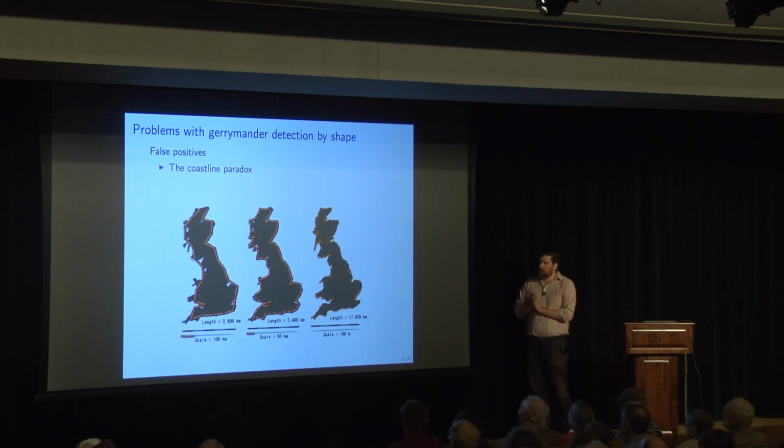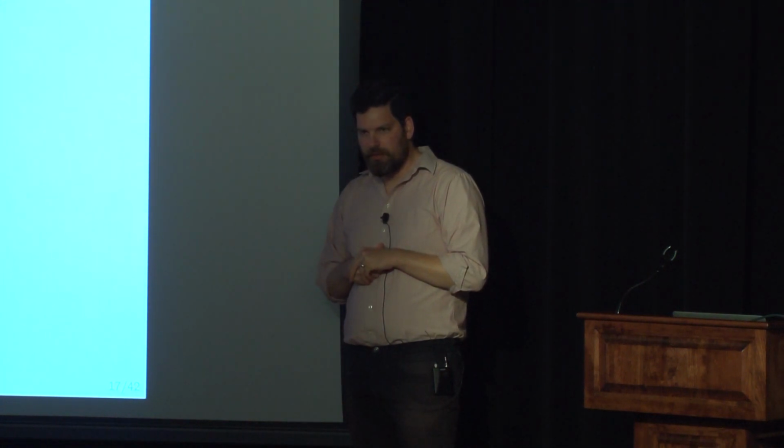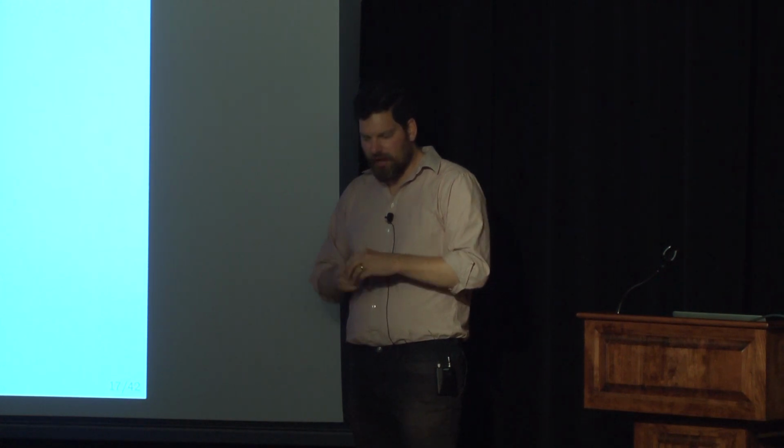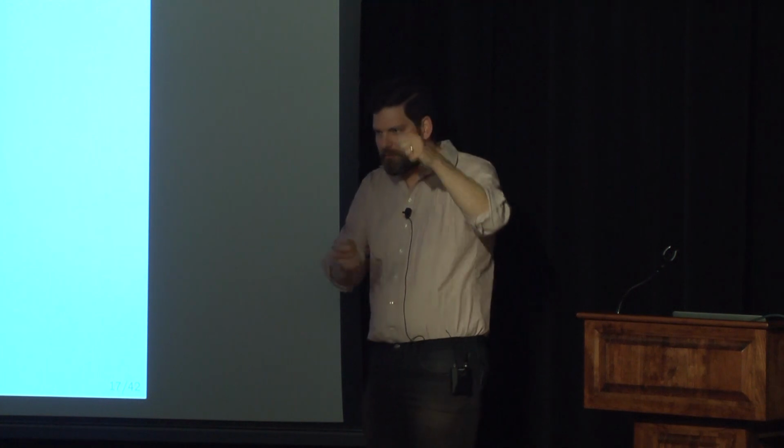False positives. Let's talk about the Coastline Paradox. So what is the perimeter of Great Britain? It depends on how long your ruler is, how long is the shortest distance you're willing to measure in terms of.